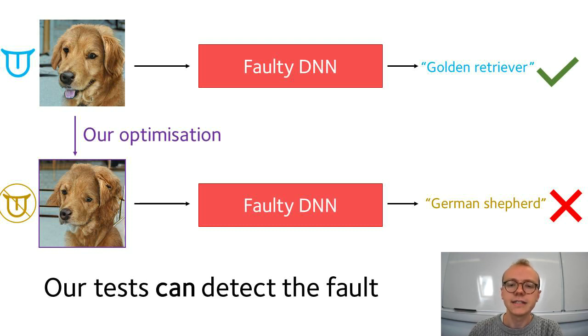In this case, as our method tweaked the image to make it incorrectly classified, it removed the tongue of the dog. So this particular test case revealed the fault in this particular deep neural network. Of course, our method works not just for this particular test input and not just this faulty deep neural network. But before looking closely at our results, let's look at how our method actually works.